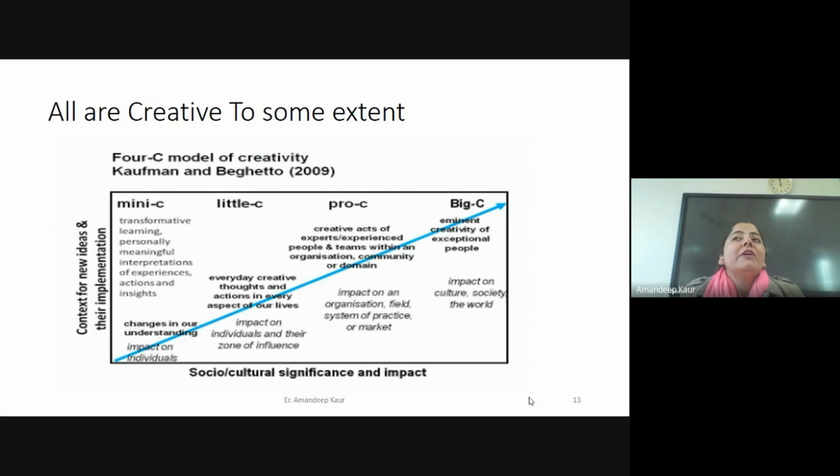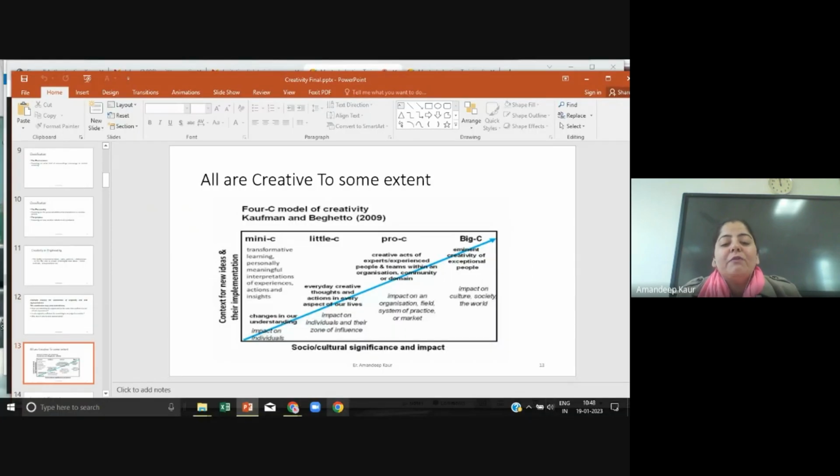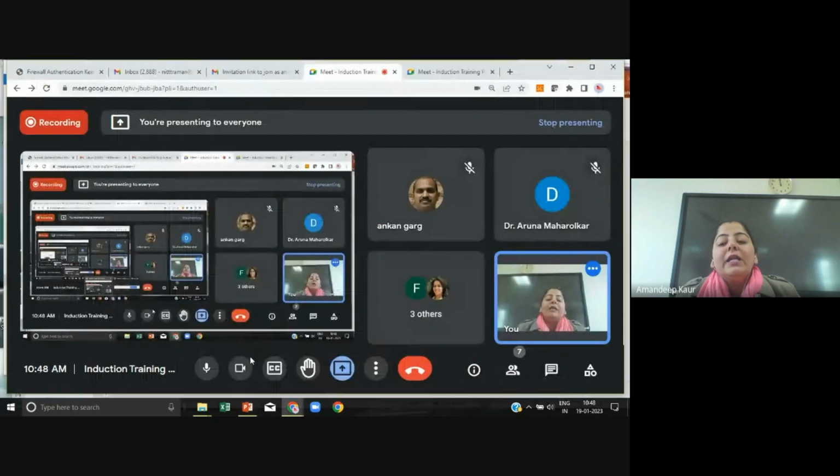Changing mini C level means there must be transformative learning activities happening all the time in a class. With the help of experiential learning, we are giving experiences and exposure to our student population. When the teacher designs activities where students need to think upon that information, they become more mindful of it. Only then is it possible to enhance their level from mini C up to little C level.